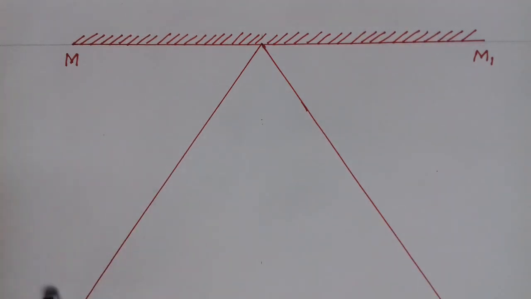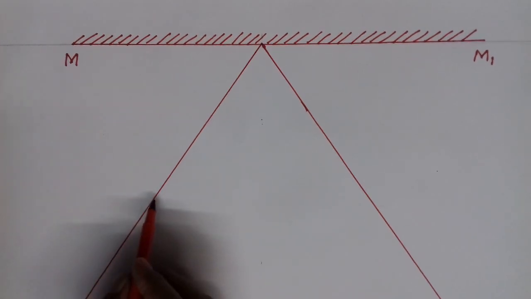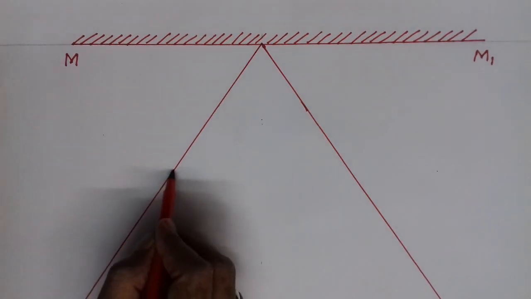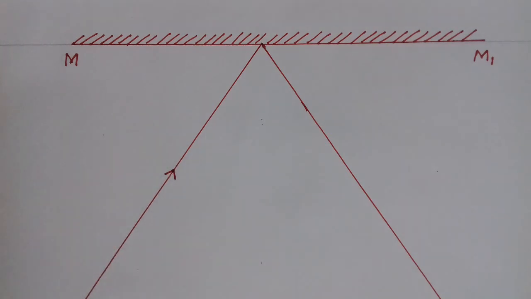This was our ray which was striking the mirror. So to show the direction of light, I must draw an arrow. This way light is going and striking.